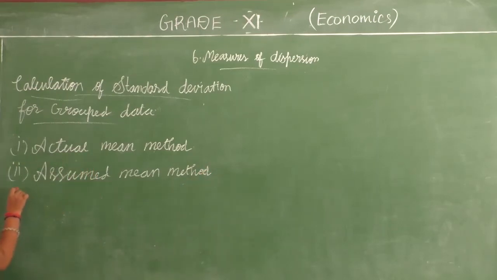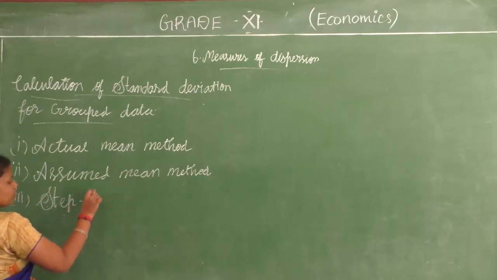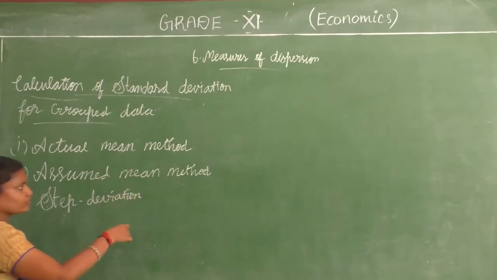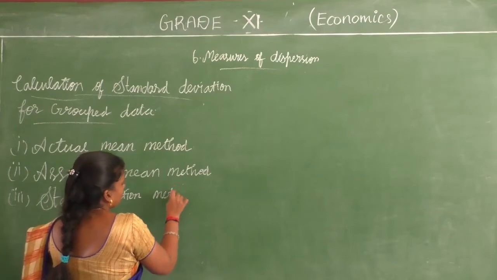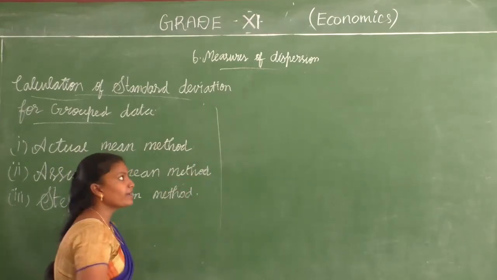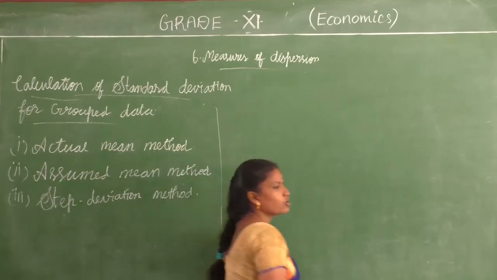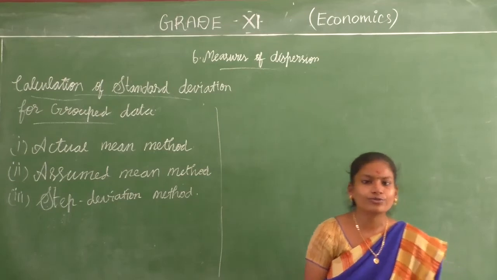Then we are not going to have the direct method. We are directly going to move on to the step deviation method. These are the 3 methods we are going to discuss under the topic calculation of standard deviation for grouped data.